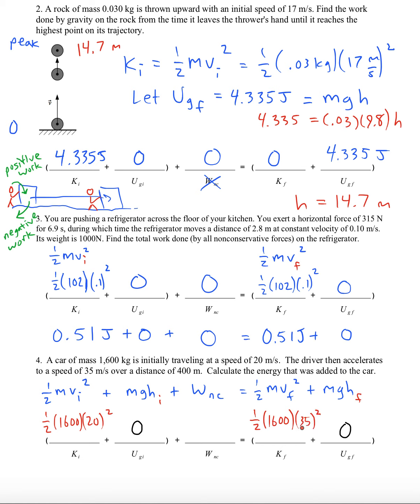So see, something had to make that kinetic energy go up. Let's see how much it rose. Okay, we got 320,000 joules at the start. We got 980,000 at the end.